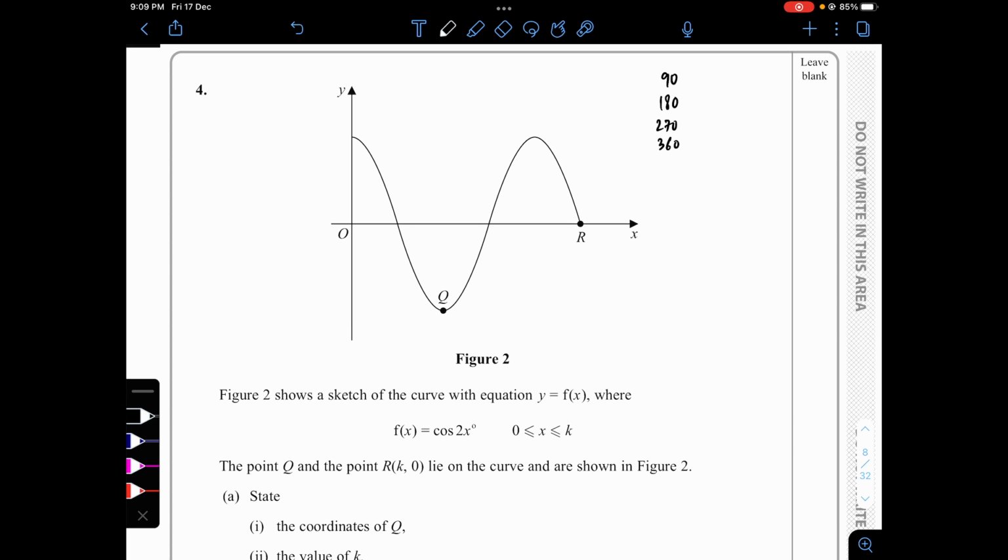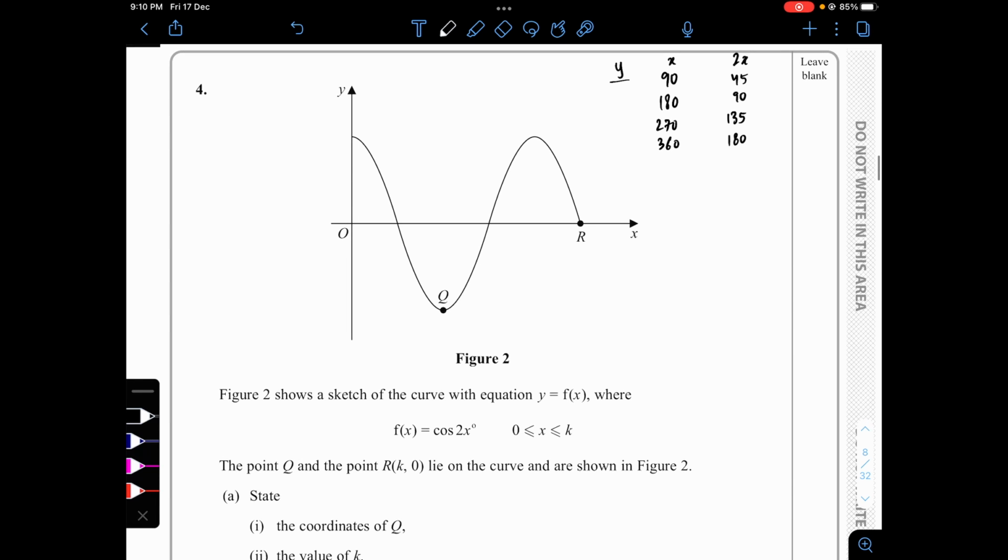Now because this is 2x, we're going to get the same values at 45, 90, 270 divided by 2 which is 135, and 360 becomes 180. So we'll get the same y values, just so we're clear.